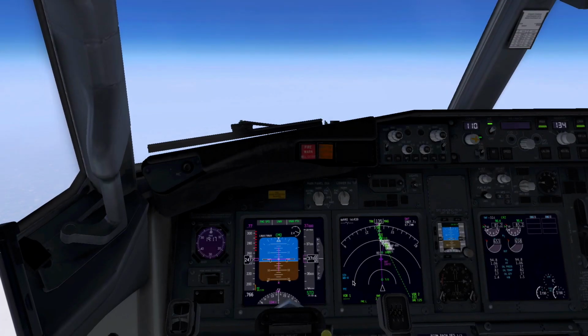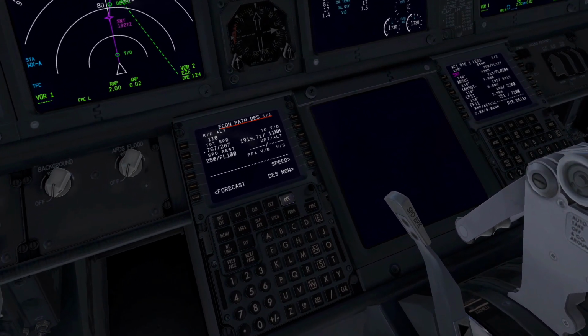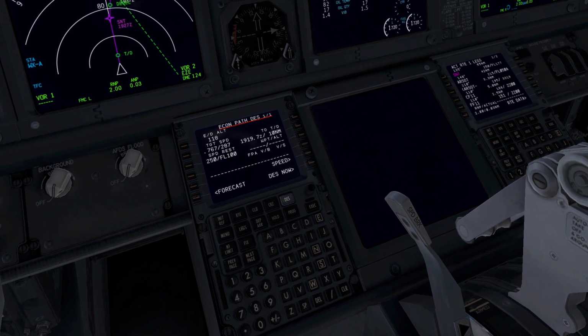Alright, so right now we're cruising at flight level 370, and let's say that ATC does not clear us for descent yet. So let's take a look at the FMC. So what we will see is economic path descent. As we can see, we're 10 nautical miles away from our top of descent.